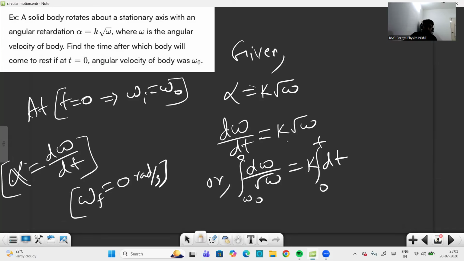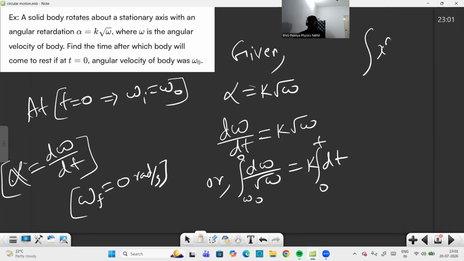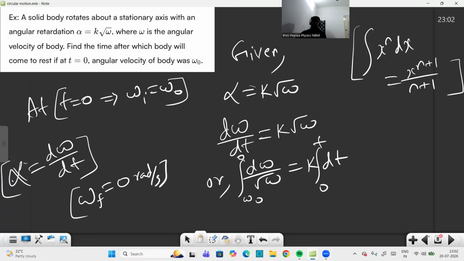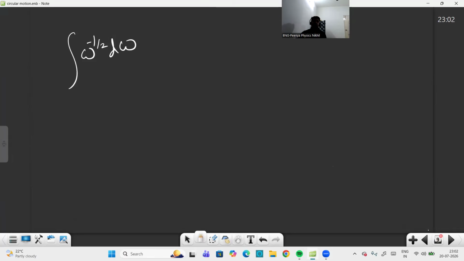Now we do the integration. What is the formula for integration? Integral of x to the power n dx is x to the power n plus 1 divided by n plus 1. We use the same formula here. The integral of 1 by root omega goes up as omega to the power minus 1 by 2 d omega, with limits omega naught to 0.